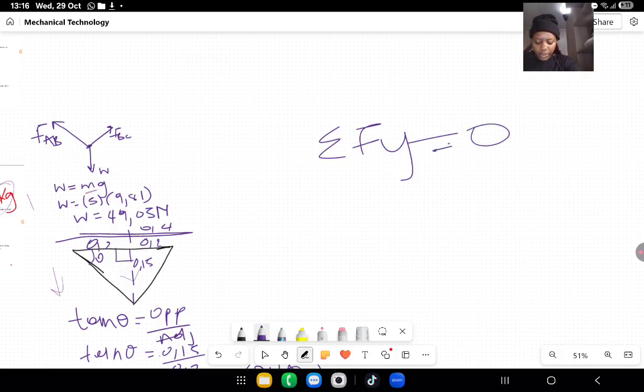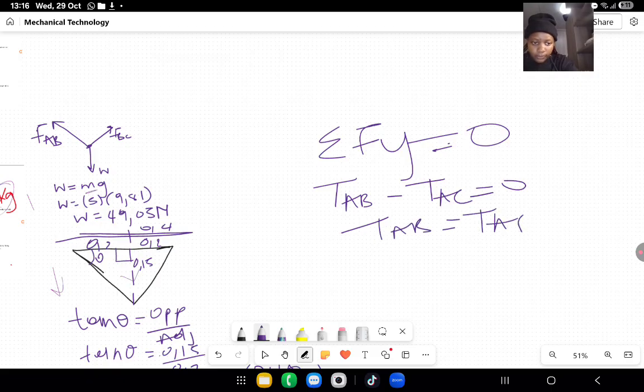Again we are looking for the tension, so tension at AB minus tension at AC equals to 0, then tension AB equals tension AC.